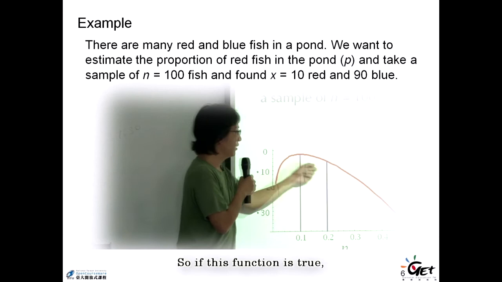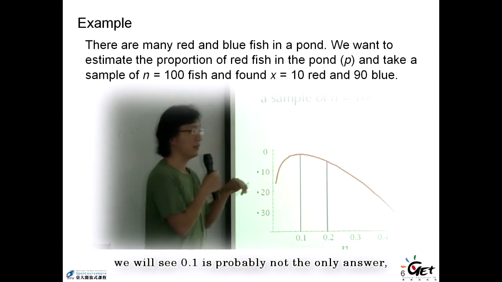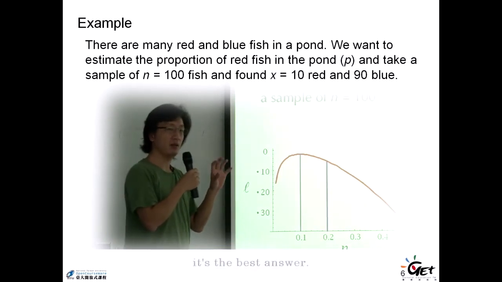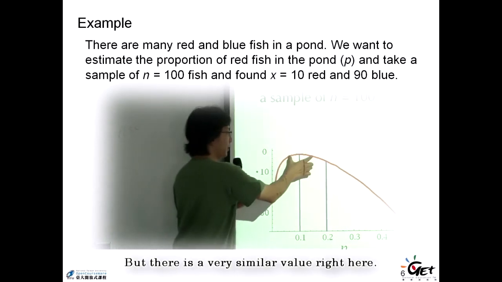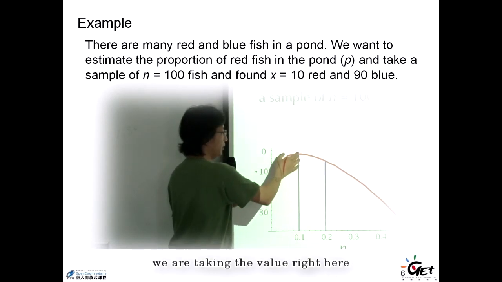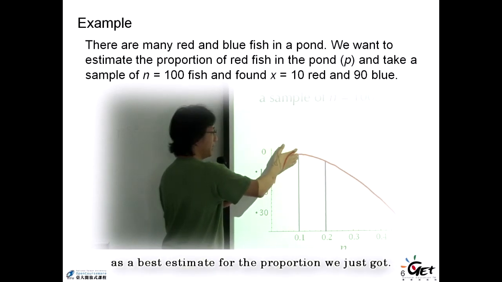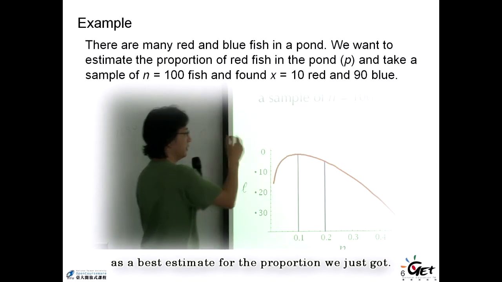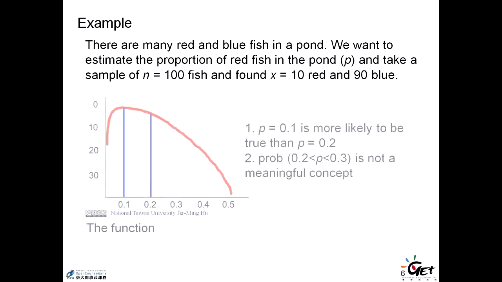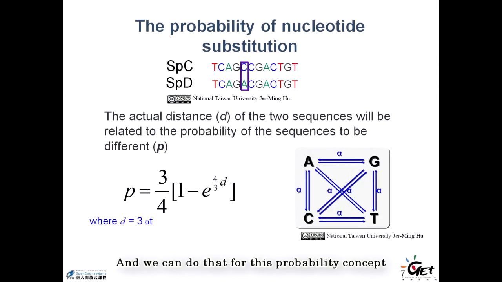So if this function is true, 0.1 is not the only answer, it's the best answer, but there are very similar values right here. We are taking this value as the best estimate for the proportion we just got. So it's a relative concept, and we can do that for the probability concept in nucleotide substitution as well.